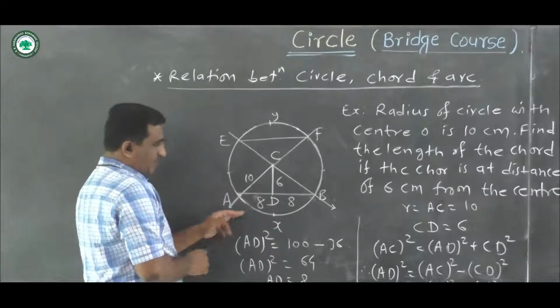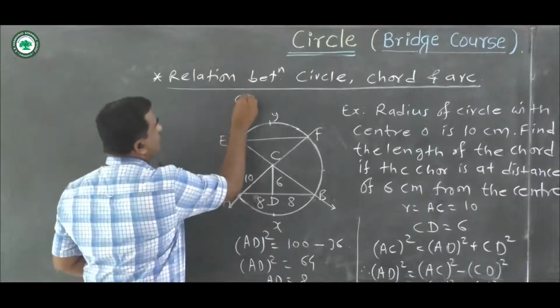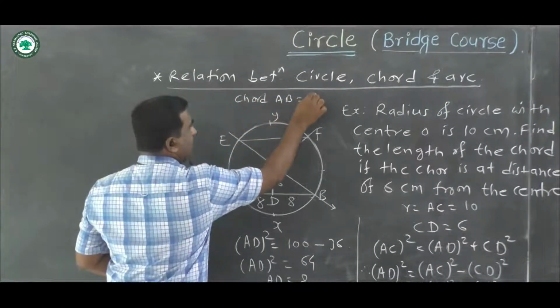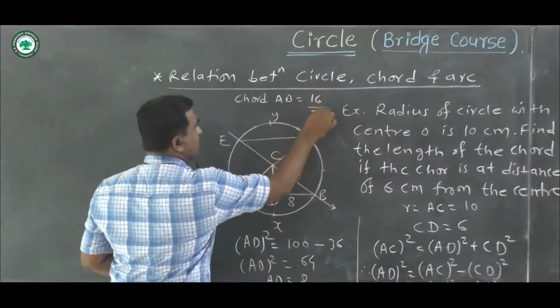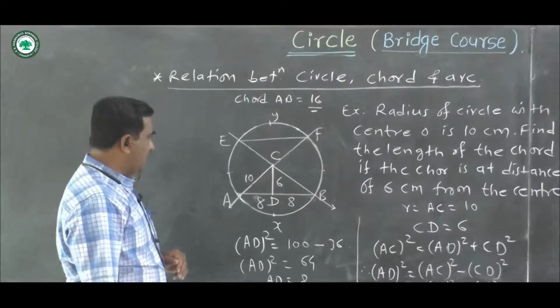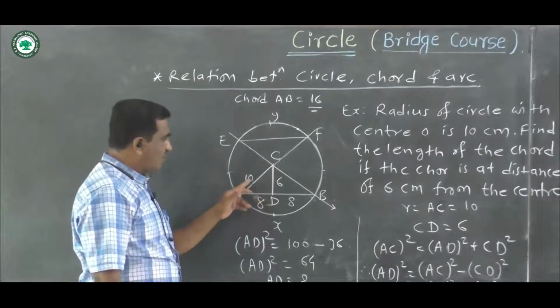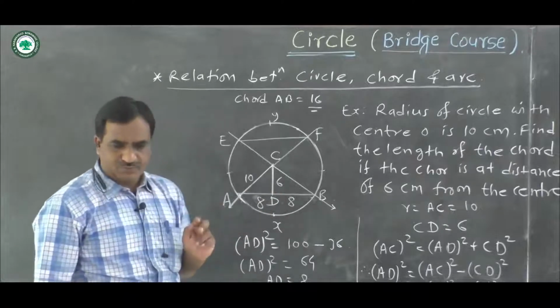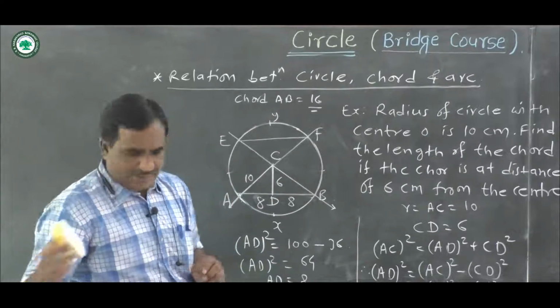Then chord AB is equal to 8 plus 8, 16 centimeter. Similarly we can find the perpendicular distance if we are given the radius of the circle and the chord of the circle.